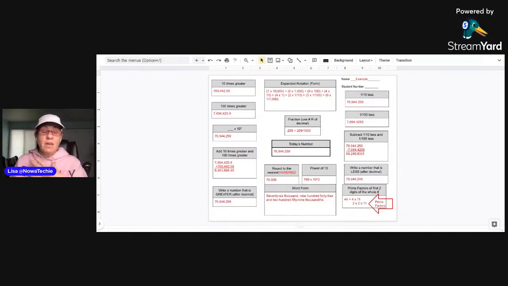I had a student who, bless his little heart, this was too much for my friend to do. So I made sure that if I'm giving it to him, he saw expanded notation and word form, and maybe he only had 10 times greater and 100 times greater.